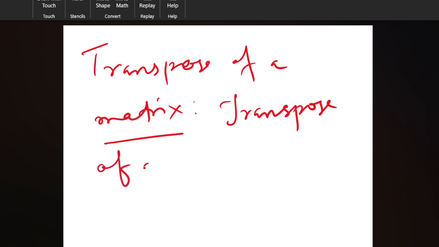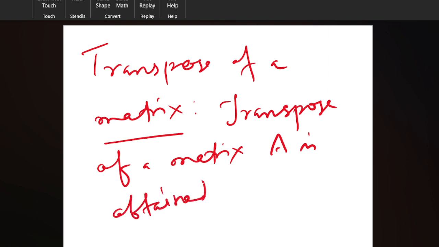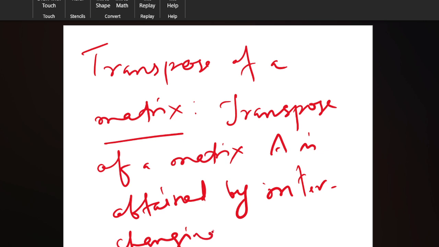Transpose of a matrix A is obtained by interchanging rows and columns. We can interchange rows and columns to obtain the transpose of a matrix.